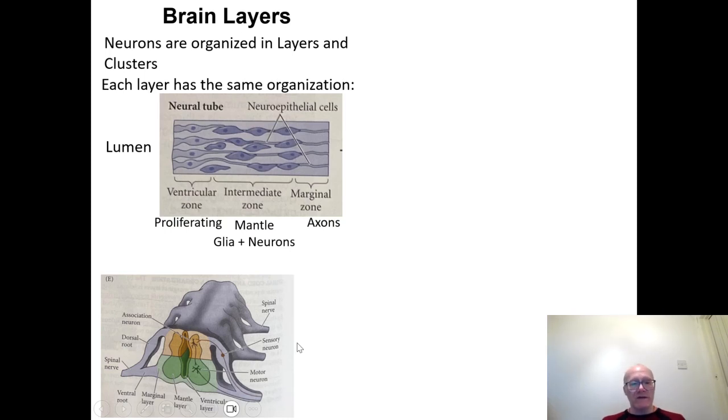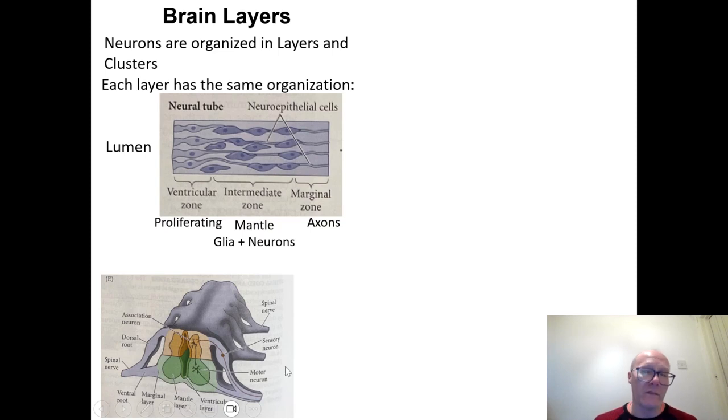Now, it is interesting to notice how the dorsal portion of the mantle receives information from sensory neurons. Sensory neurons that collect information from the hands, for example for touch, or for taste, or sound from your ears, or vision from the eyes, are collected on the dorsal part of the mantle.